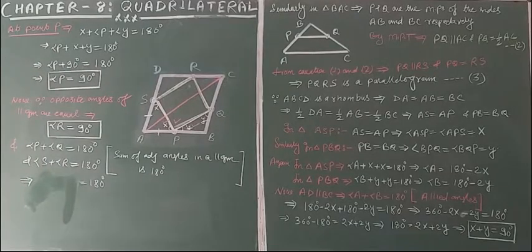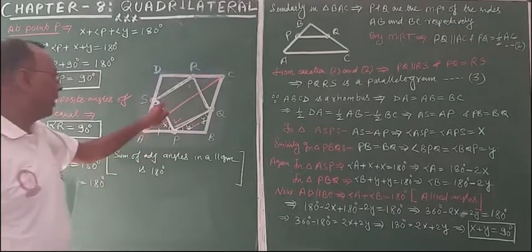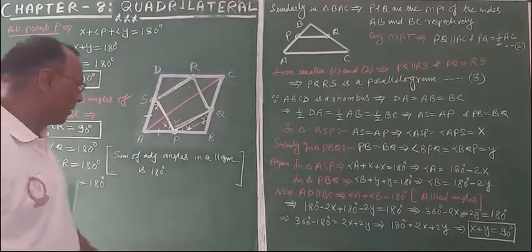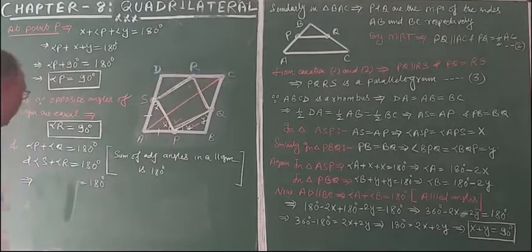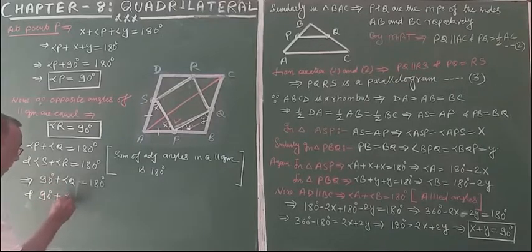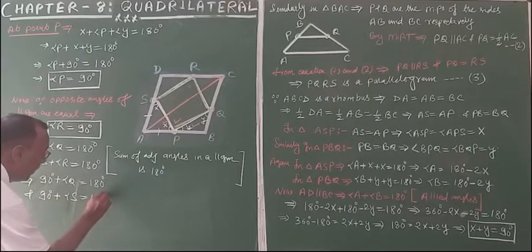Now PQRS is a parallelogram, therefore angle P plus angle Q will be 180 degree and angle S plus angle R will also be 180 degree, because the sum of adjacent angles in a parallelogram is 180 degree. So angle P plus Q: what is P? 90 degree plus Q is equal to 180 degree, and 90 degree plus angle S is equal to 180 degree.